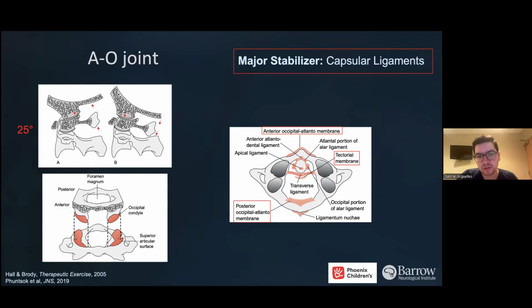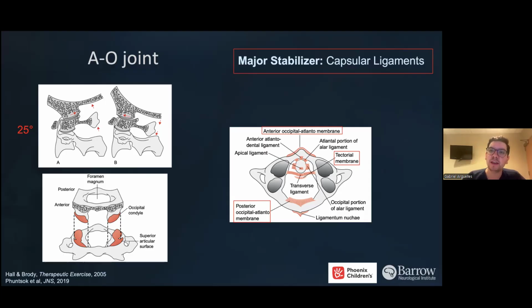For example, the posterior OA or occipito-atlantal membrane doesn't look like it's intimately involved with the joint there at the C1 cross-sectional image you see. However, it does extend more laterally and drapes over that joint and is important for its stability, as well as the anterior OA membrane and the tectorial membrane. We'll go over those membranes individually, but just to give you an idea of the key players here at the AO joint.